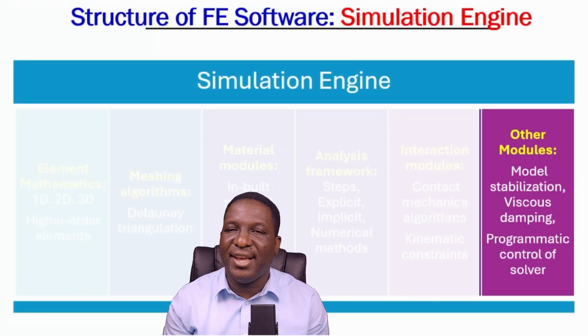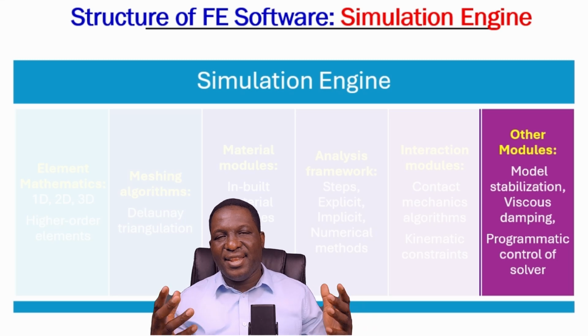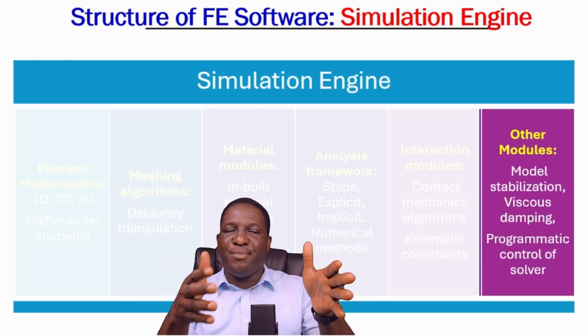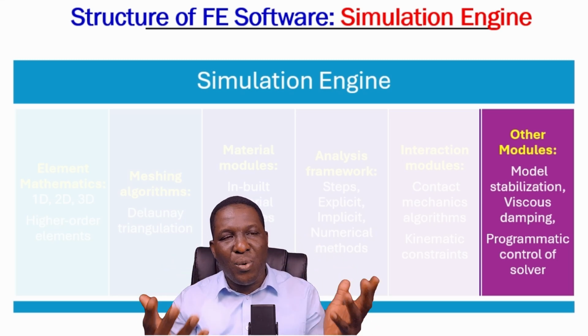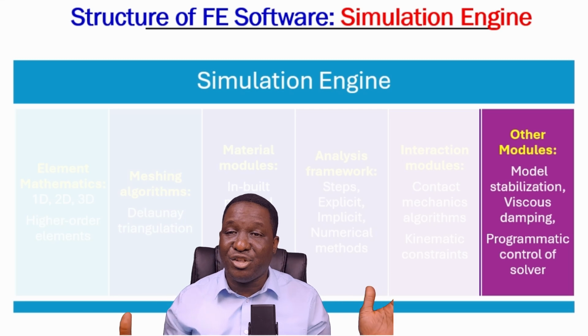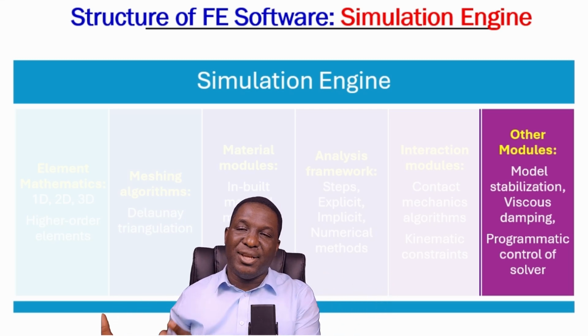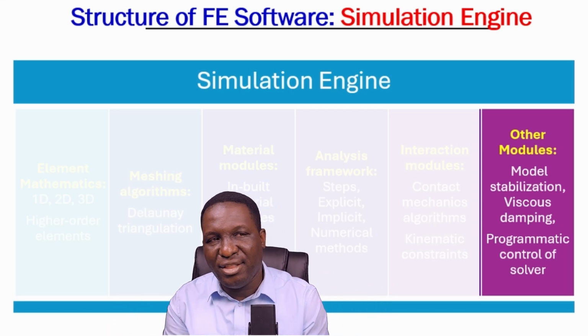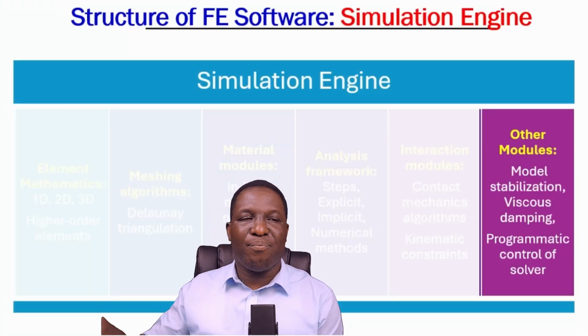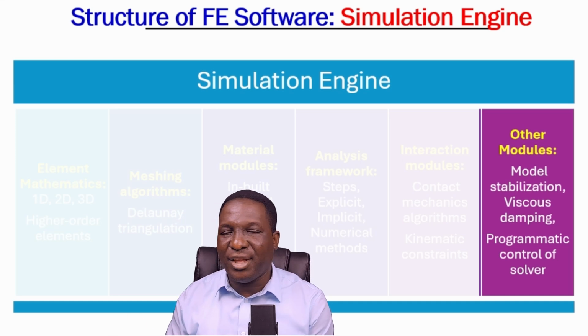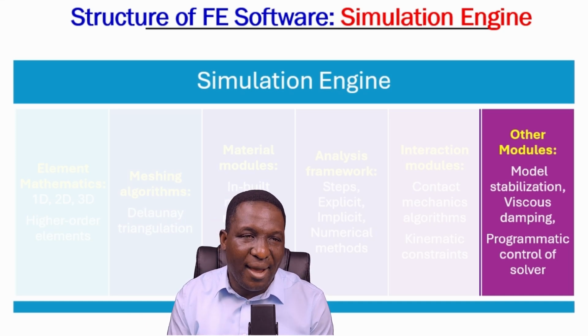And so it's a model stabilization algorithm, and excellent FE solvers have these implementations that deal with quite dynamic unstable simulation in order to make them stable, and then ultimately you generate an approximate solution that you're happy with. Sometimes you need to incorporate some viscous damping, which is basically artificially damping out the vibrational energy generated in the system in order to allow the simulation to run. And so viscous damping is another thing that is necessary, especially if you're dealing with damage.